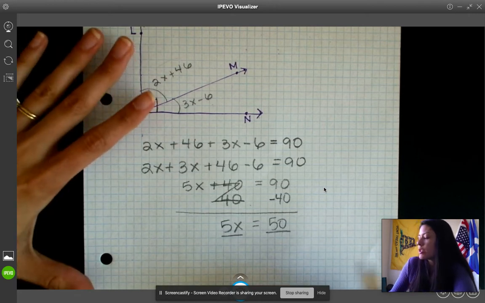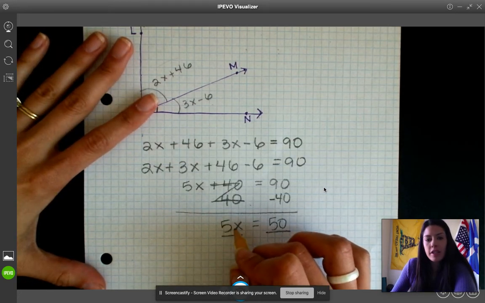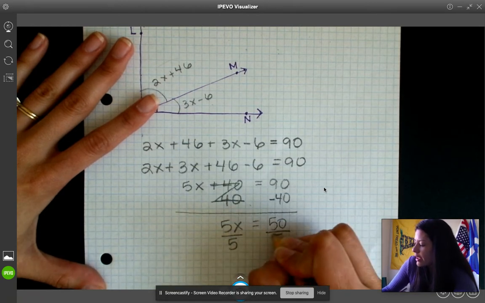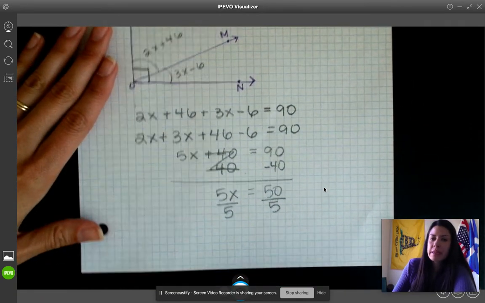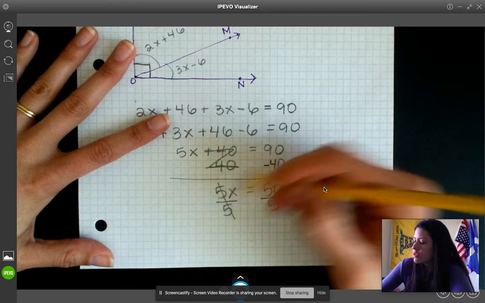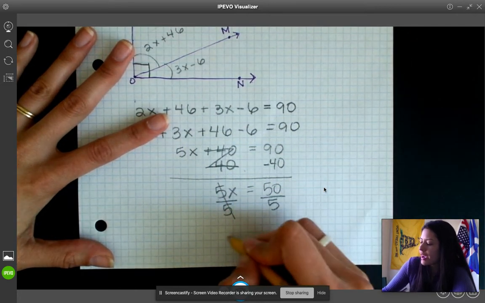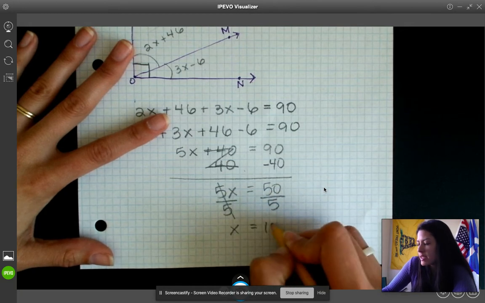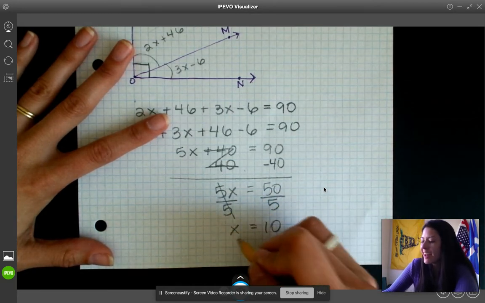The opposite of multiplying is to divide, so I'm going to divide by 5 and divide this side by 5. The two 5's cancel out, I'm left with x, and 50 divided by 5 is 10. So I know that x equals 10.